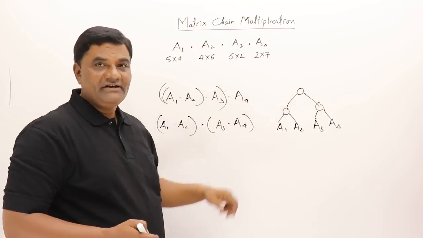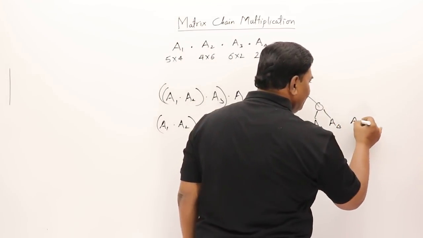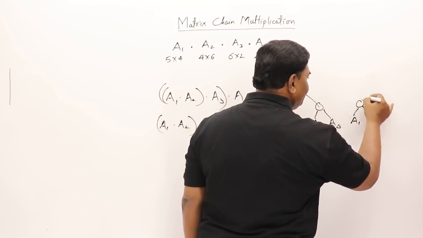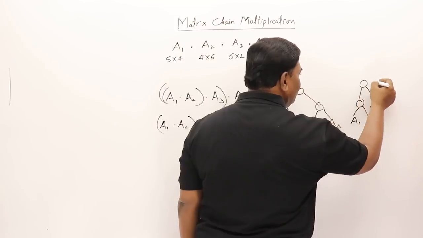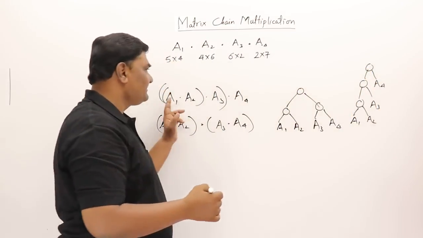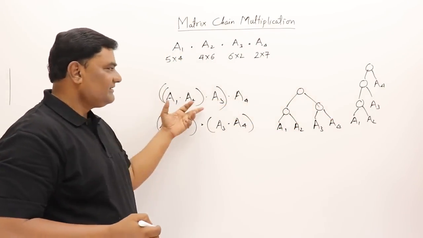For this other one, A1 is multiplied with A2 and that result is multiplied with A3 and that result is multiplied with A4. That tree is representing this parenthesization.